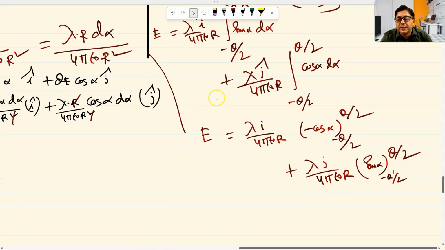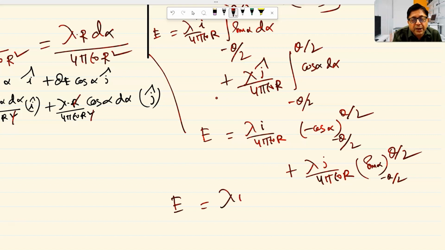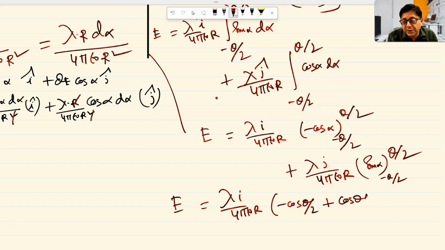Now upper limit minus lower limit, if we put, then E is going to be equal to lambda i by 4 pi epsilon 0 r, minus cos theta by 2 plus cos of minus theta by 2 is cos theta by 2 only. So this gets cancelled.